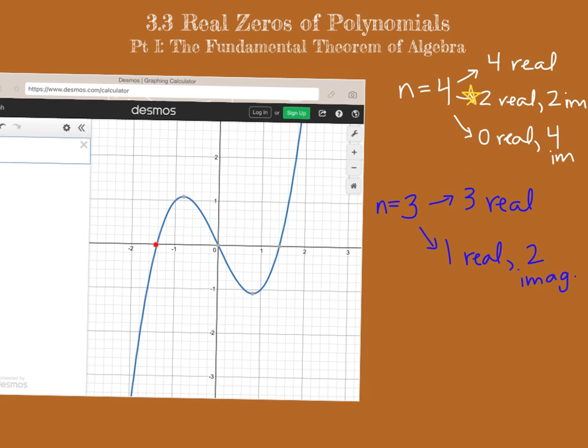It looks like one of them is a negative number, one of them is 0, and one of them is a positive number. All of them are real numbers, and they each have a multiplicity of 1, so they each count for one of those three real roots. So that is the fundamental theorem of algebra. We will delve more into this and use this idea. We won't always need to graph something, but please know that you always can graph something in order to see the function and see the situation at hand.